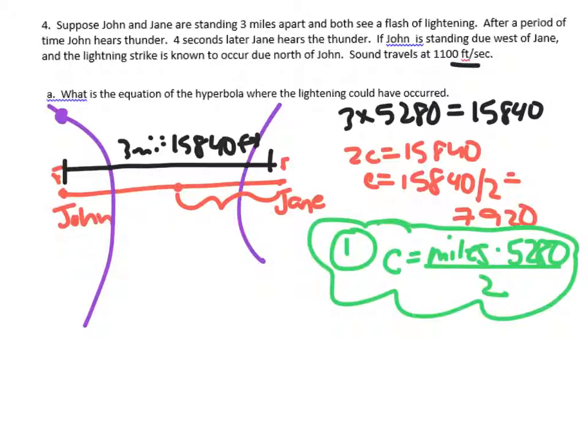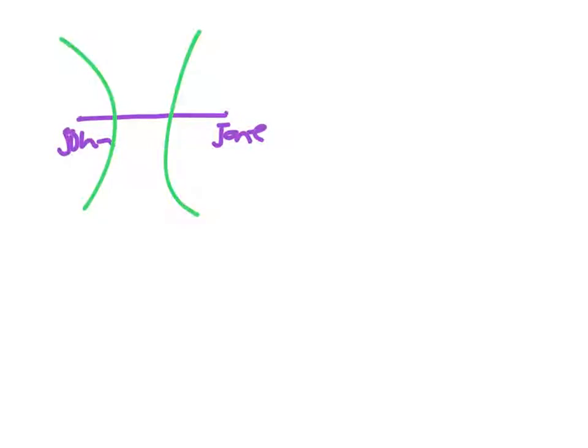Okay. So I'm going to add another screen to do the next step, to get A. Again, you have John and Jane. You have your hyperbola branches here, and they're standing on the foci. The definition of a hyperbola is the distance from one focus to a point on the graph, minus the distance to the other focus.